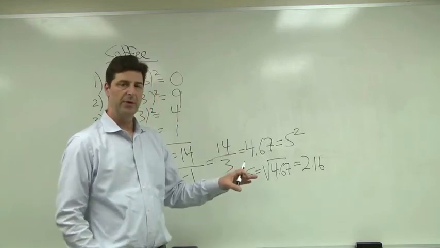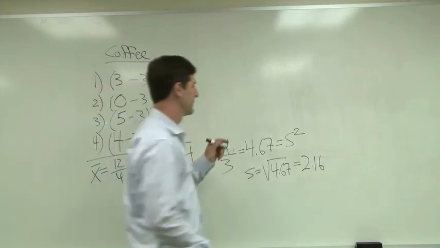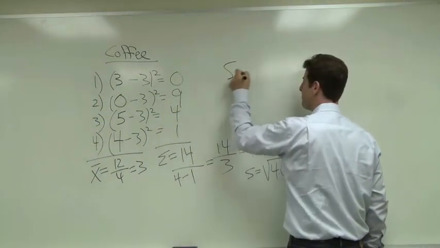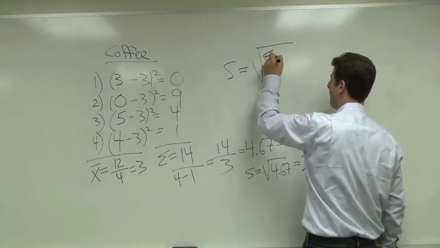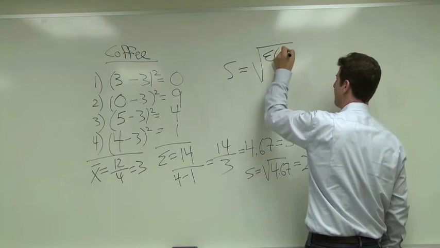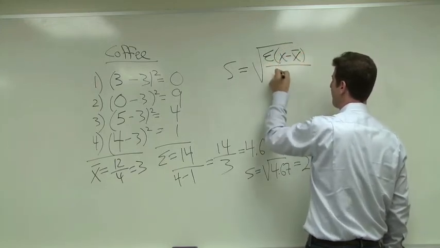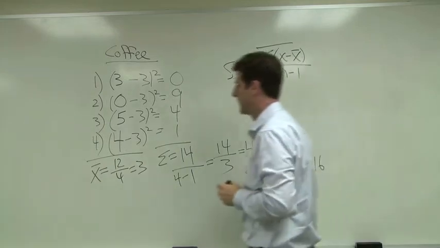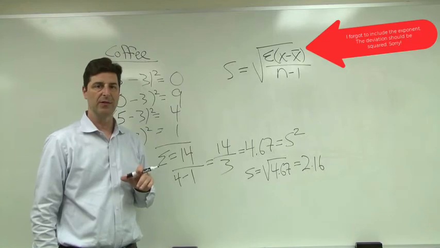Let's take a look at the formula for the standard deviation so we can see how these calculations fit with the formula. This is the symbol for the standard deviation of a sample.